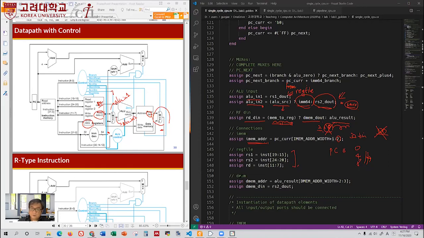The data memory receives the ALU result for the address, and this ALU result calculates the address of the load or store instruction, the offset plus the base address. The base address is stored in the register file, like x1, x2, and so on.